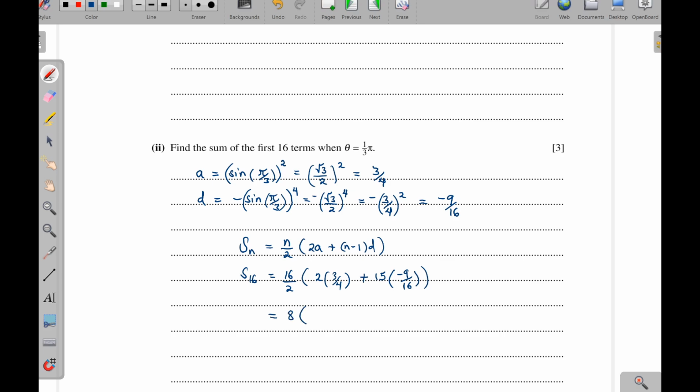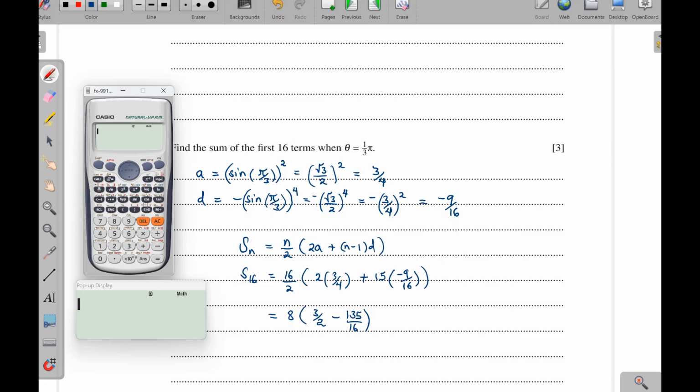And then we shall have this one as 3 over 2. And then minus 15 times 10, that is 150, minus 15, that is 135, right? 135 over 16.